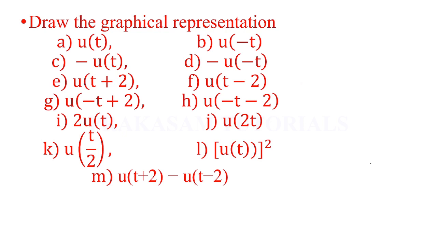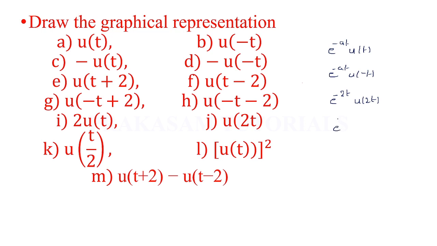This is very important. In signals and systems, Fourier transform, Laplace transform, from an exam point of view, they are asking to find the Fourier transform of e power minus at u of t and the Fourier transform of e power minus at u of minus t. Find the Fourier transform of e power minus 2t u of 2t.